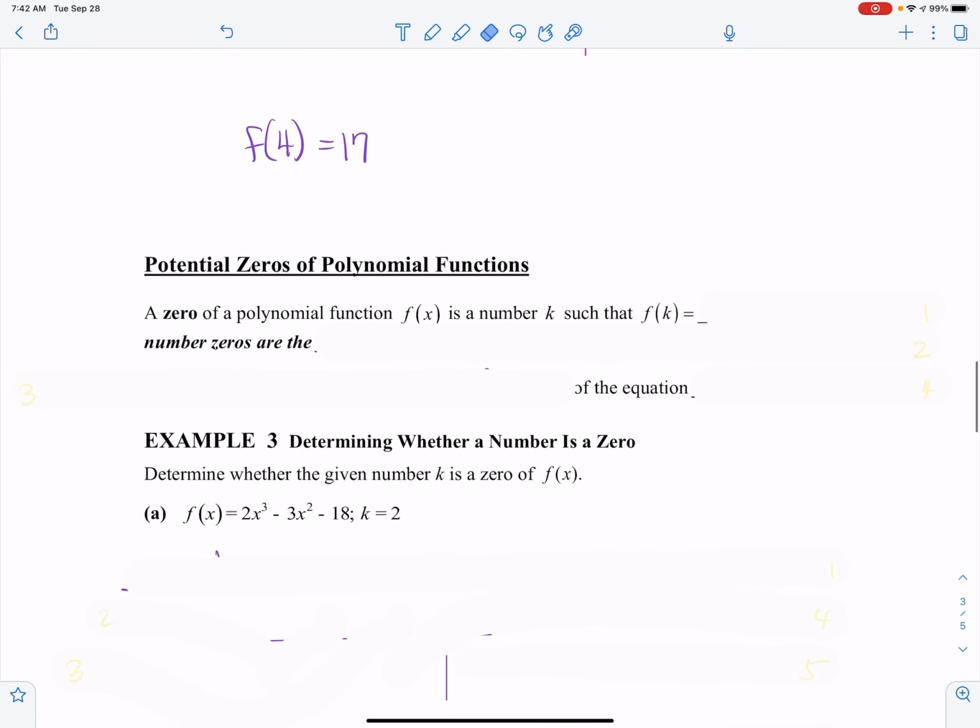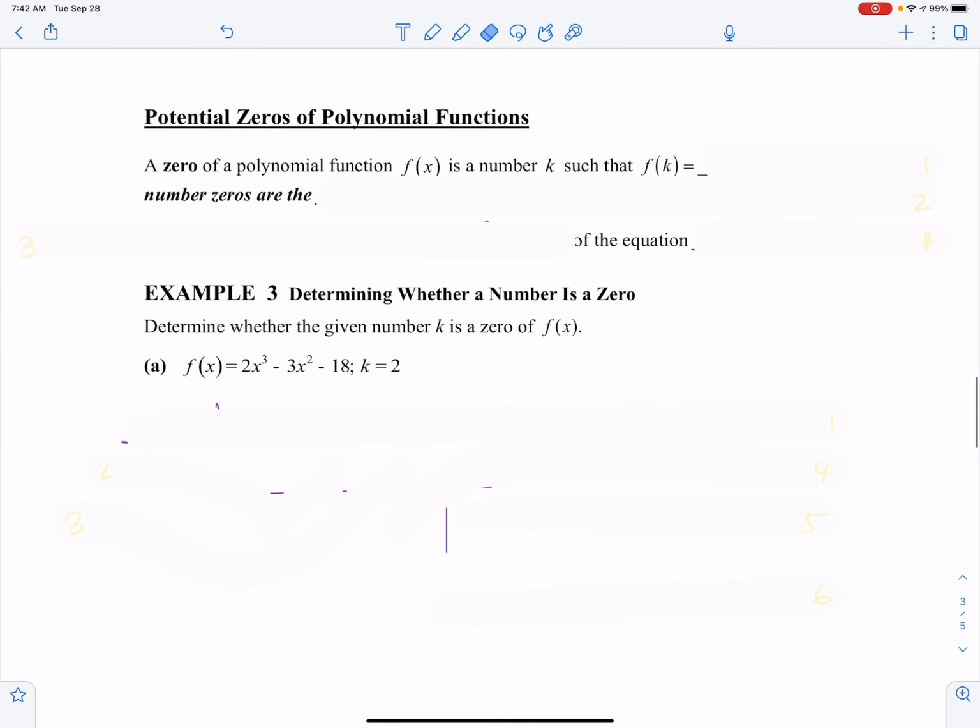All right, let's look for some potential zeros. A 0 of a polynomial is a number k such that f of k is equal to 0. Real number zeros are the x values of the x-intercepts of the graph.